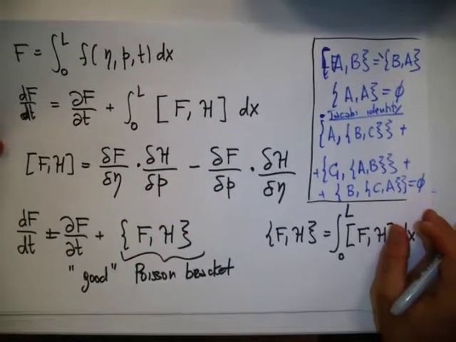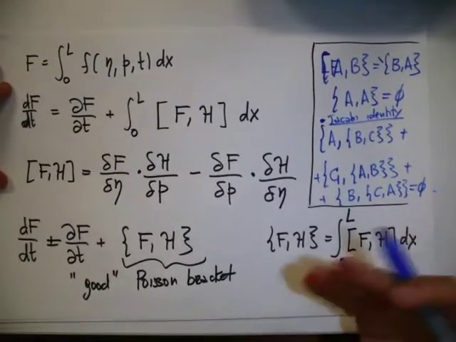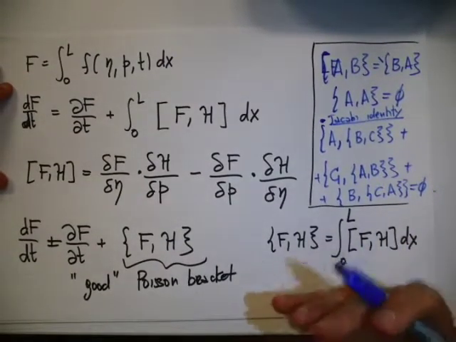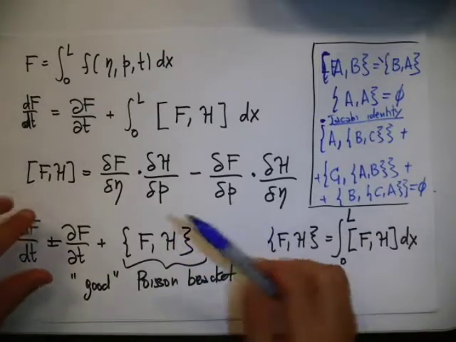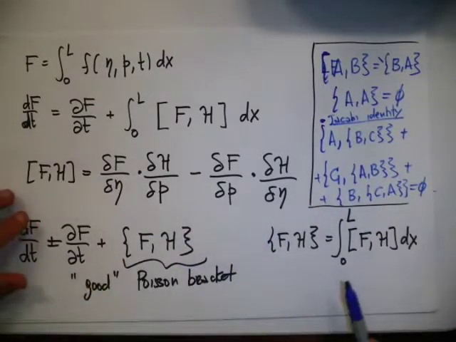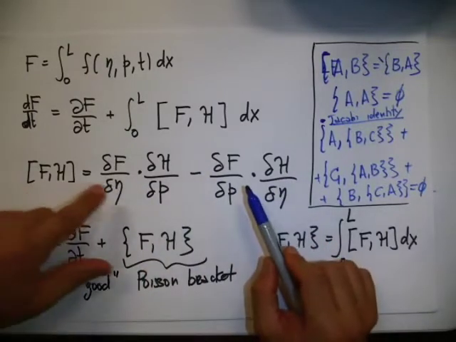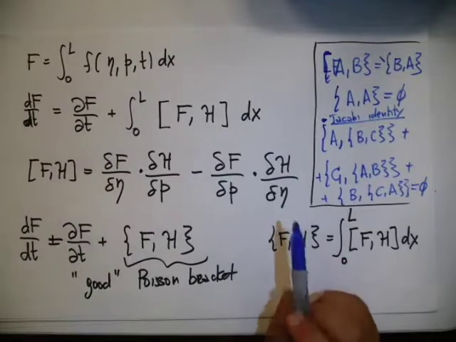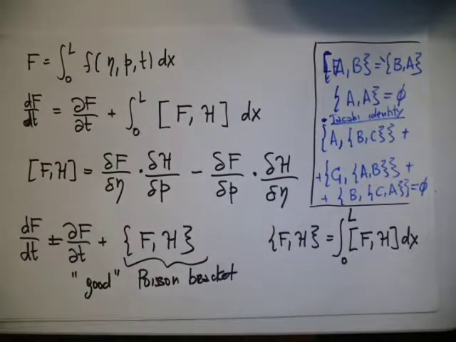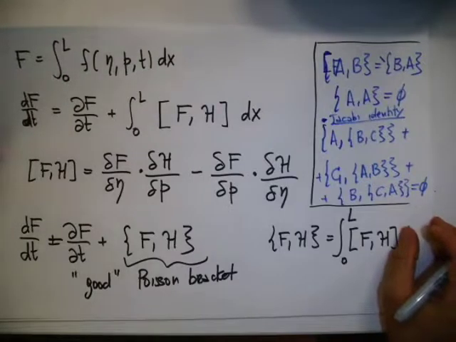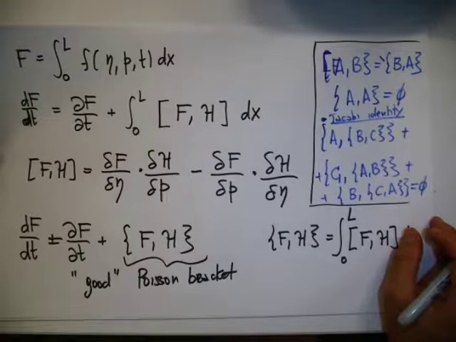So the important thing to notice here, since now we are dealing with distributed systems, is that the Poisson bracket is given as a functional which depends on a commutator given in terms of variational derivatives. So there is an increased level of difficulty because we have to deal with functionals instead of functions, but more or less things are doable, as long as we master calculus of variations, we can compute all these properties.